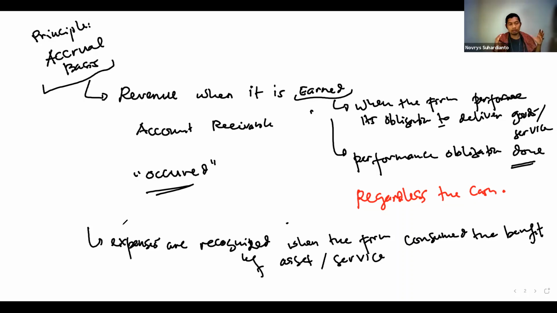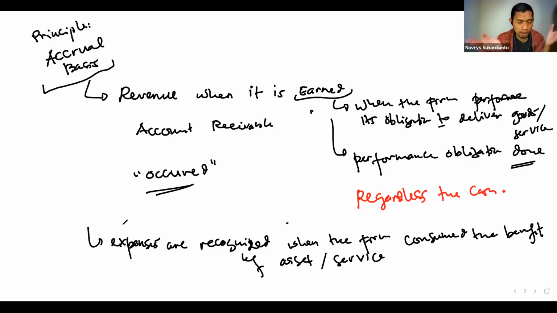So based on that concept, you will not recognize any revenue unless you get the cash. In other words, you will record revenue when you get the cash. So all the revenue will be recorded on cash. All expenses will be recorded on cash. However, this approach is not fair from the perspective of business.